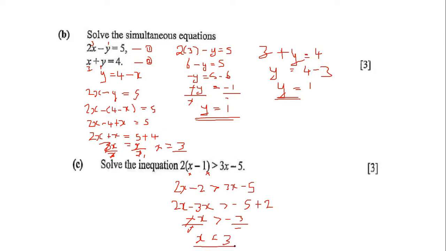So this is what happens in the answer. Remember, after you solve it, when you find that the x value is negative, you have to divide by negative. Whenever you divide by any negative, the sign changes. So instead of facing this side, it faces that side. All right.